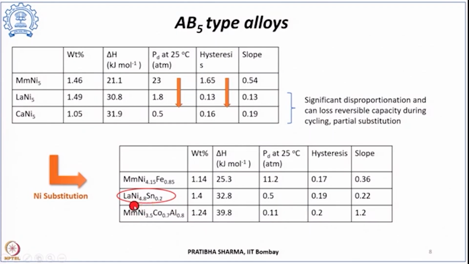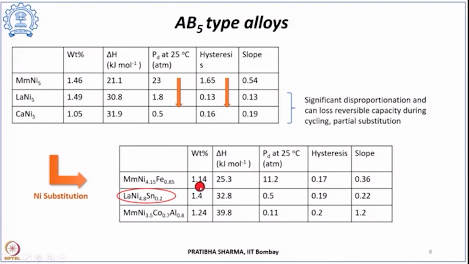So, on the nickel side if we substitute LaNi4.8Sn0.2, it was found that this has a better cyclic stability. It has weight percent 1.4%, delta H is 32.8, plateau pressure reduces to 0.5, hysteresis 0.19 and slope being 0.22. Similarly, if we consider other substitution on the nickel side for mish metal like that of iron, that again changes the characteristics.